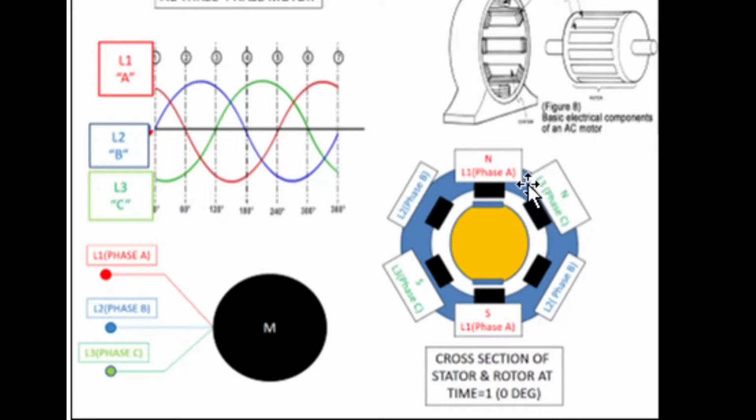We're going to turn this one into a north pole, the opposite side into a south pole. Now, magnet B is not going to matter right at the moment because it has no voltage on it. So the A and the C coils are both turned to a north magnet, and they're going to pull hard in the clockwise direction on the rotor.